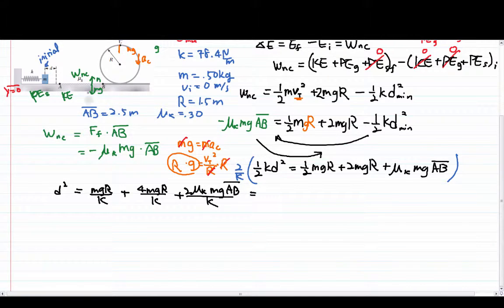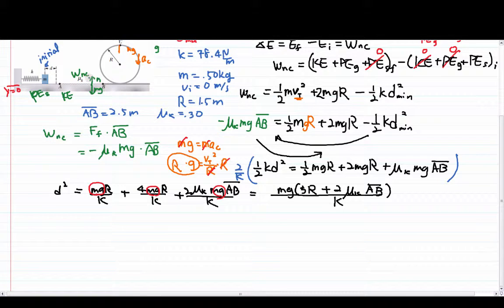Do you notice that our mg's can be factored out? I'm just going to have a k in the bottom. So mg is pushed out. Okay, we have 4r and then r. So 4r plus r is 5r, plus 2 mu k ab, distance ab.